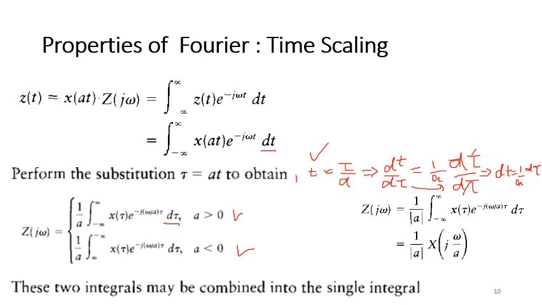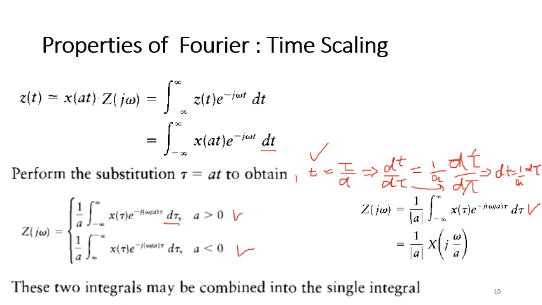These two integrals may be combined into a single integral, and we can say that Z of j omega equals 1 by the absolute value of a, times the integration from minus infinity to infinity of x of tau e power minus j omega by a tau d tau. So that's a unified expression.